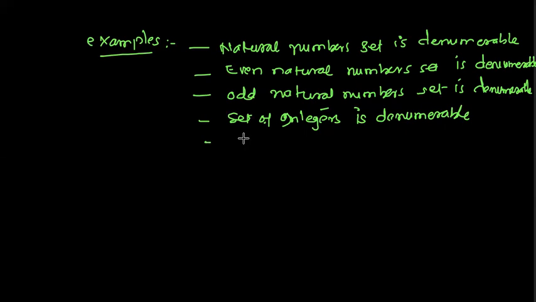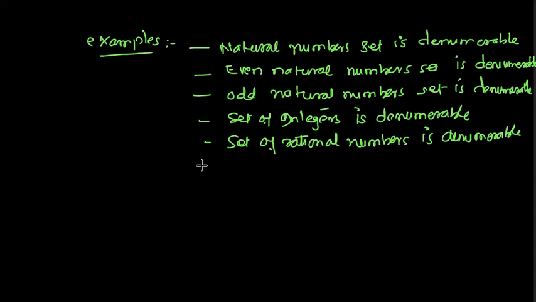Then the set of rational numbers is denumerable. The set of prime numbers is denumerable.